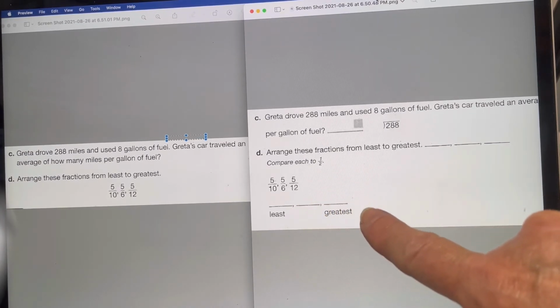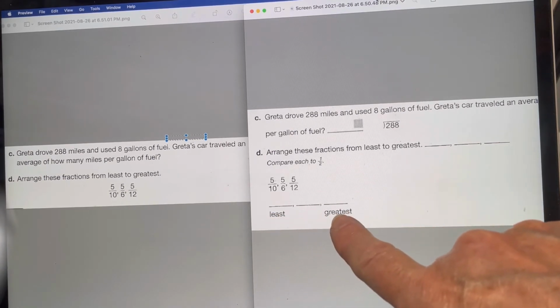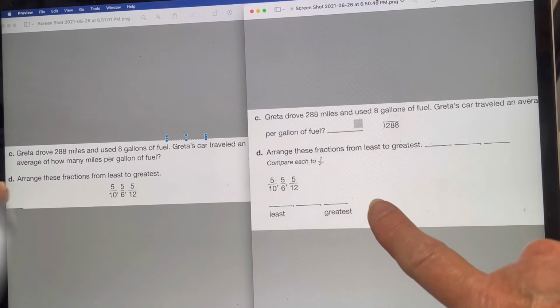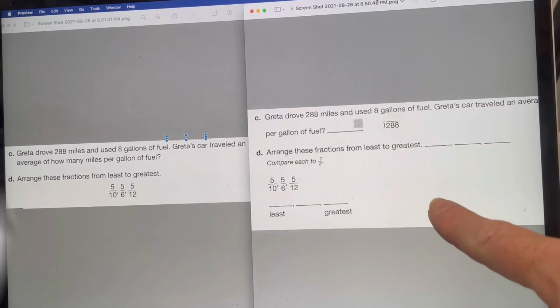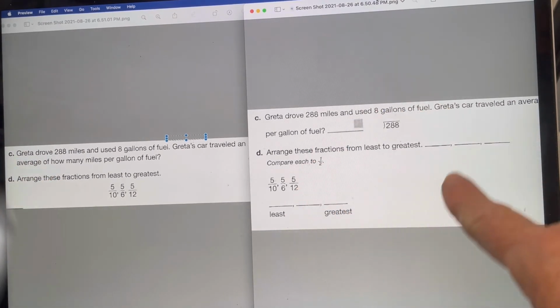It has more hints. Least, that's the middle one. That's the greatest one. I just did the problem for you. It should be no problem for you to do it now. Can you see how the workbook set and the homework set are exactly the same? The workbook has more hints. You should always have this one open while you're doing this one.